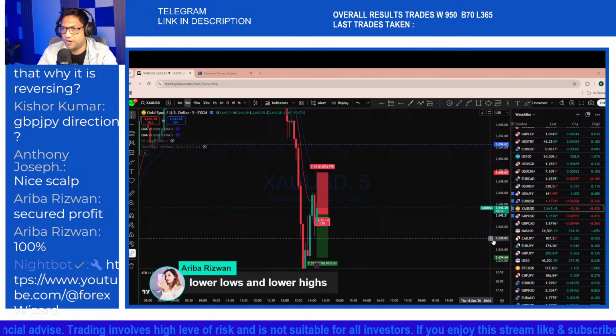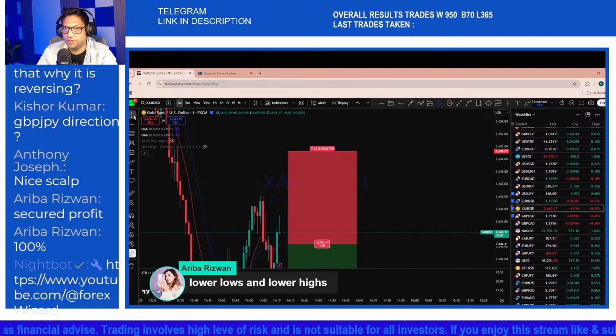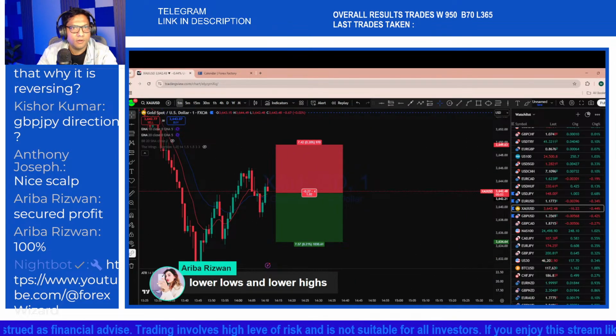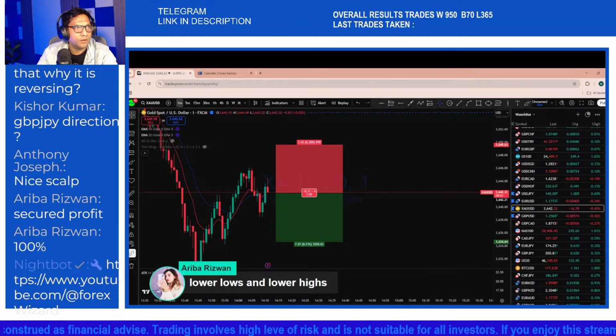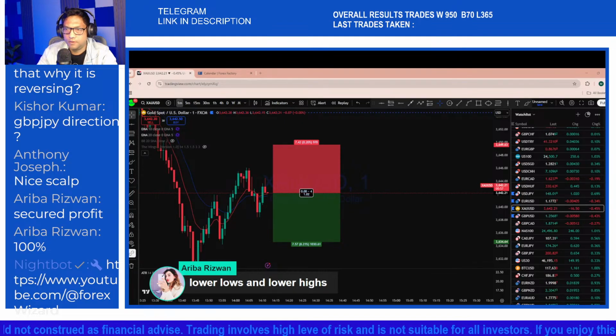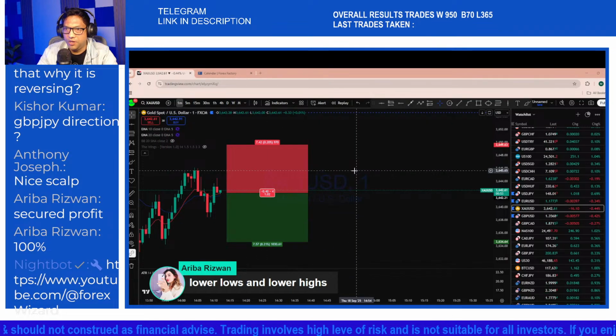Okay, here is how the market is building the pressure in that area. If you look at it, you can see this is a doji, and this is a pin bar.